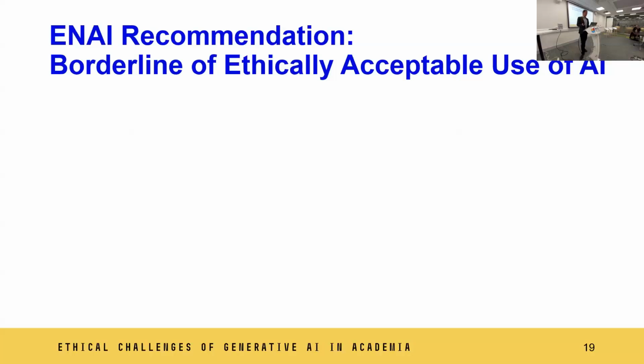So for education, we tried to set the borderline of ethically acceptable use of AI. And in education, it always depends on the purpose of the task. I like to compare it with calculator in math teaching. For pupils in the first or second grade, where they need to learn how to perform addition and multiplication, of course, if they do their homework with calculator, they don't learn anything.